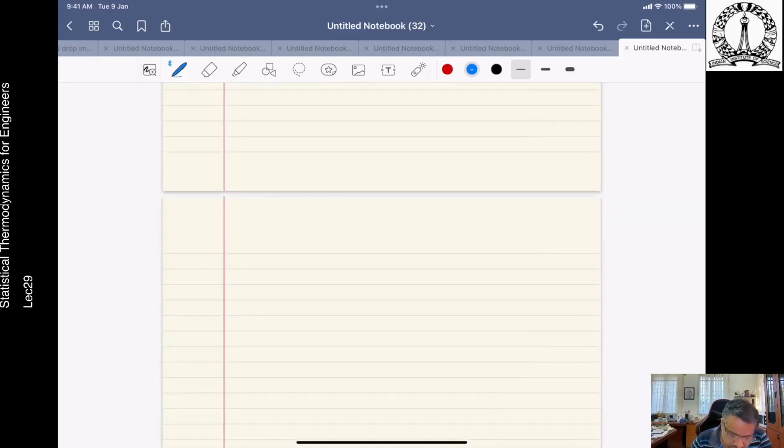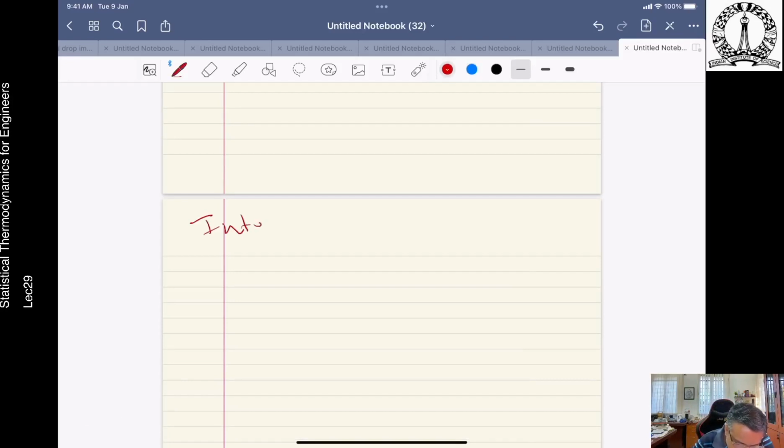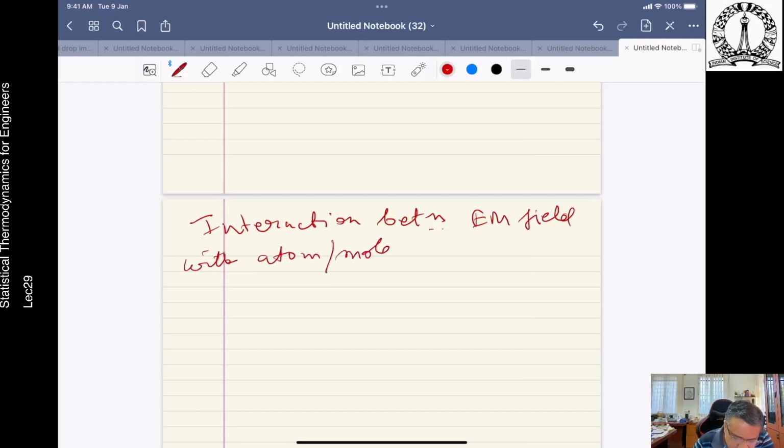So for our application, the interaction happens between an electromagnetic field and the atom or molecule.